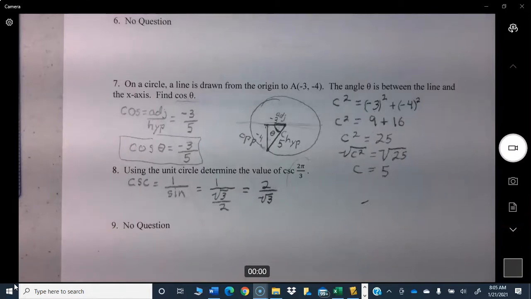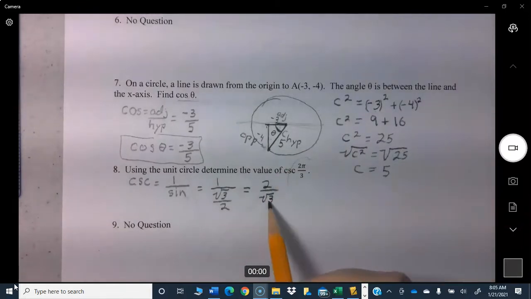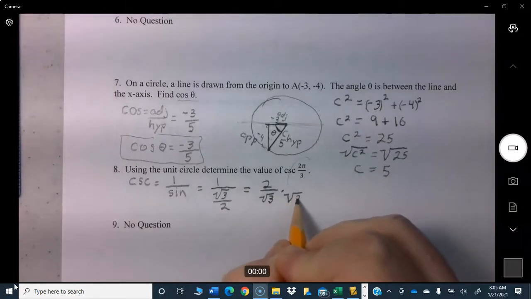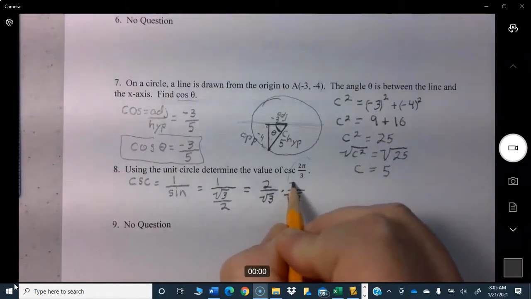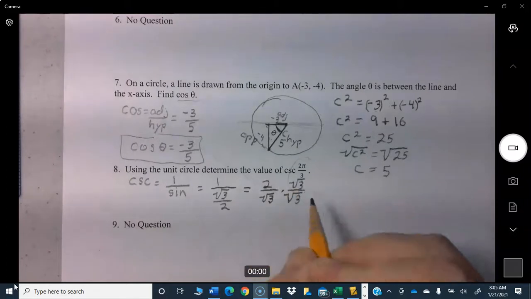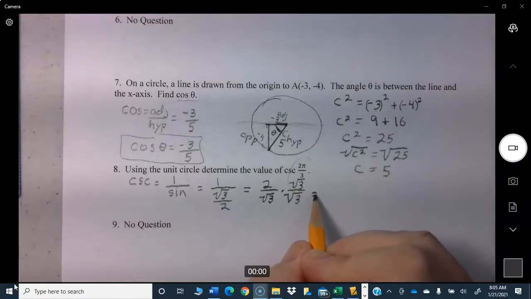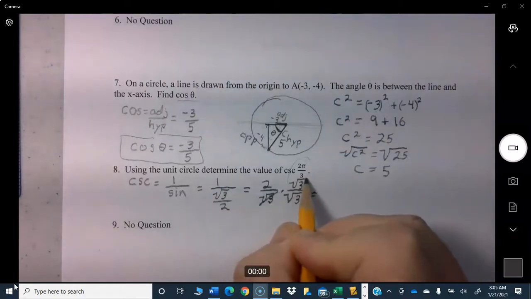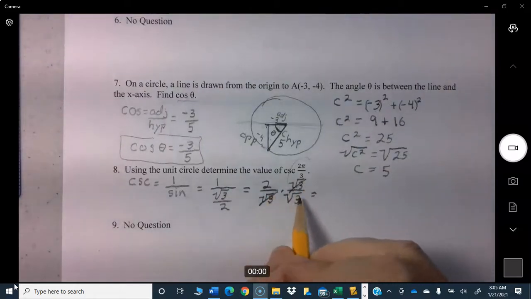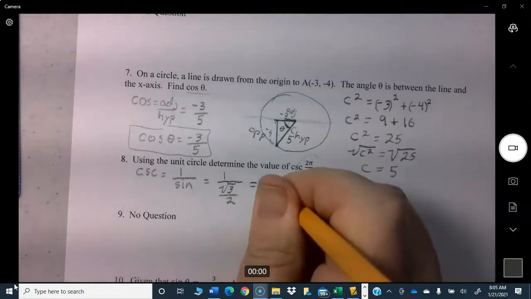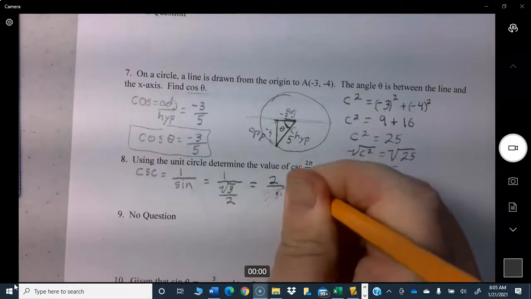Okay, I will accept that as a final answer. You should rationalize that simply by multiplying both top and bottom by square root of 3. Excuse me, I did that wrong. Sorry, I was thinking of a different problem.